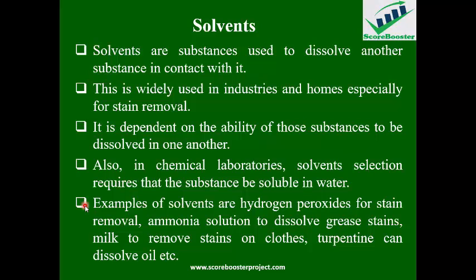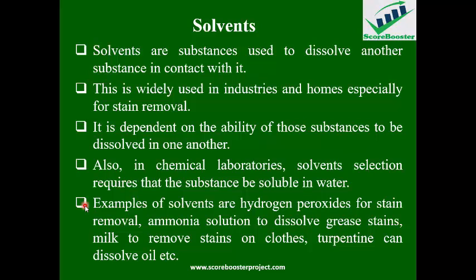Even in our homes, we deal with solvent, for example in how to remove stain from our clothes. Even washing our plate with soap or detergent is an application of solvent, because if we heat a particular plate, we cannot use only water to wash it.